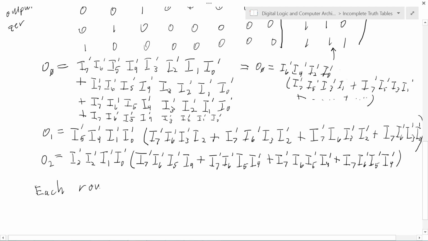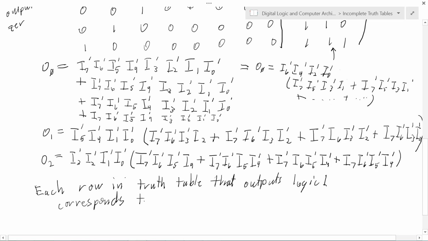Each row in a truth table that outputs a logic 1 corresponds to a minterm in the Boolean expression.